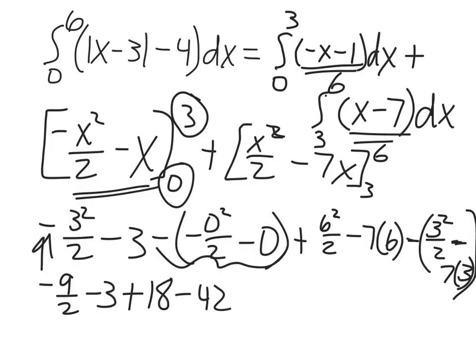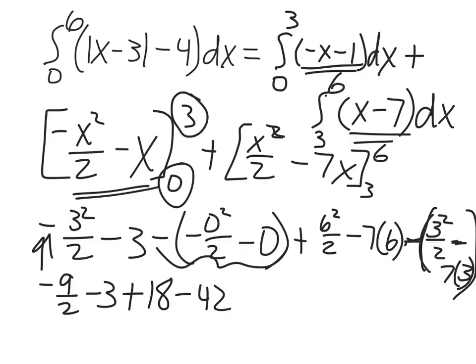Minus 42, and then now this piece we are subtracting, and we're going to have more than just 0 there. So if a little mistake occurs, it's usually that piece right there.